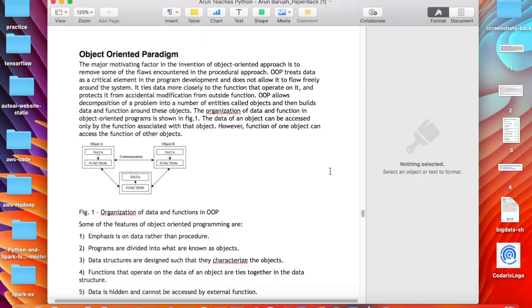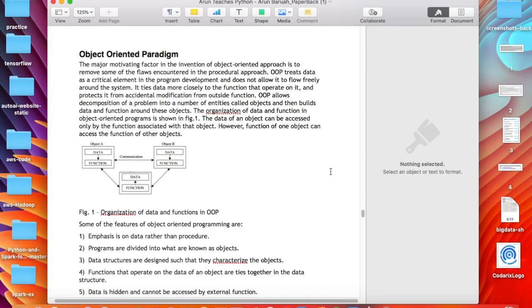You can see there. Okay, the data of an object can be accessed only by the function associated with that object. However, function of one object can access the function of other objects.